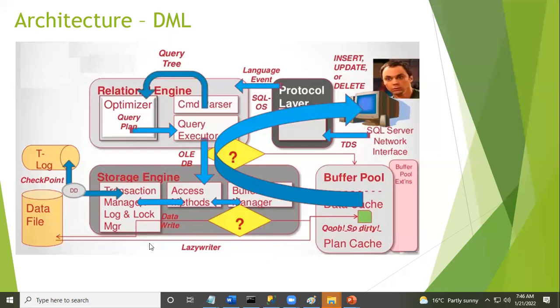Before we modify the data page. Once the log manager writes the transaction to the log file, then the buffer pool entries, whatever pages are in the buffer pool, will be modified, right?